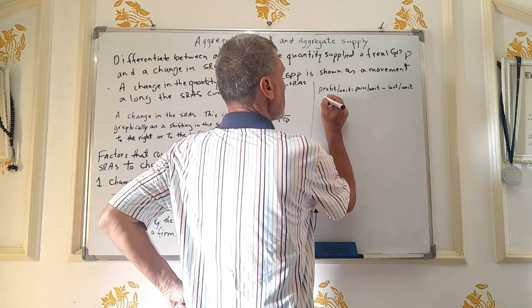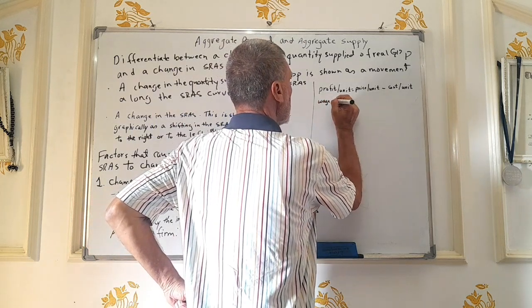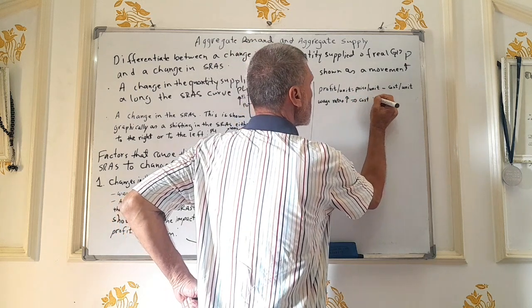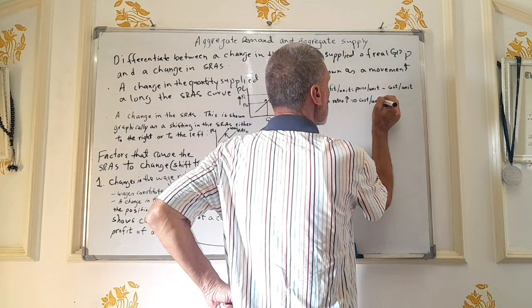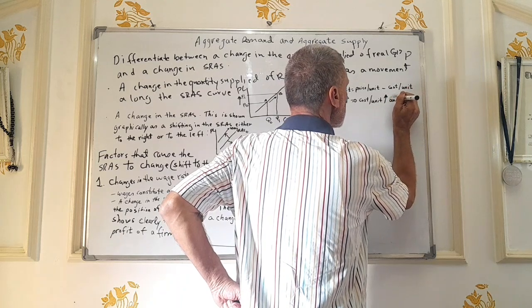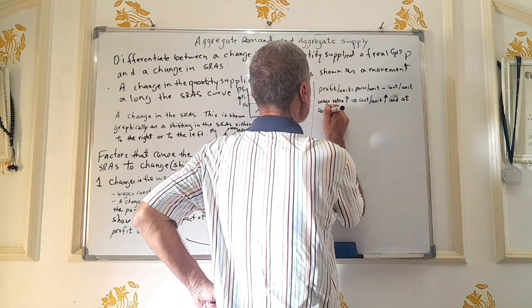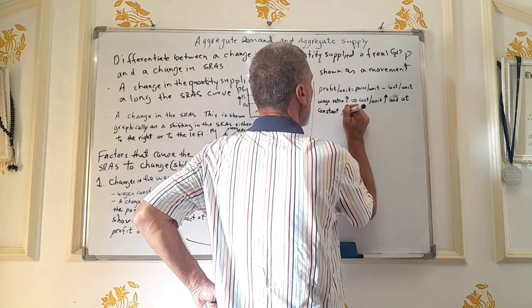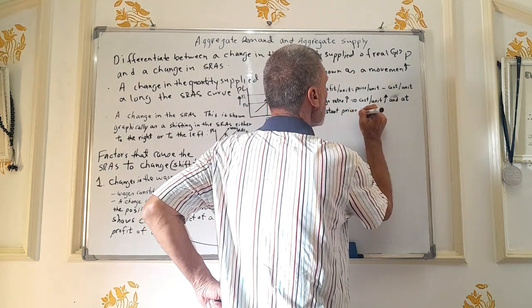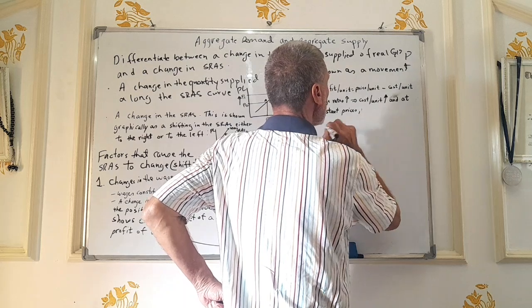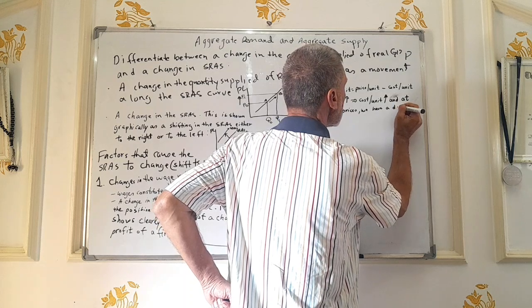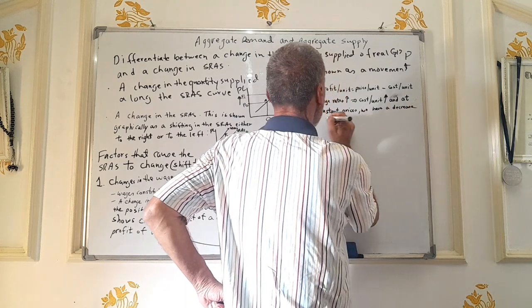So, as you can see here, wage rates go up, that implies cost per unit, of course, goes up, and at constant prices, we have a decrease in profit.